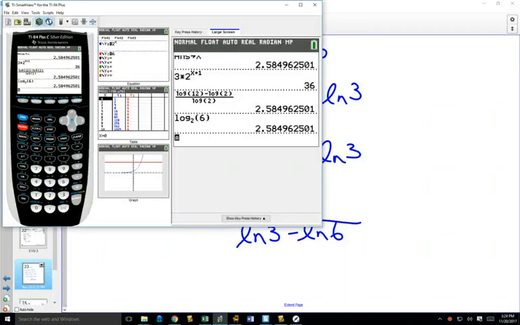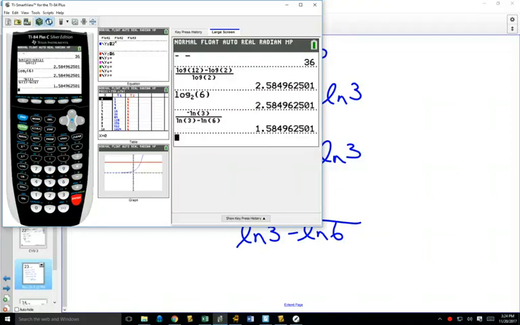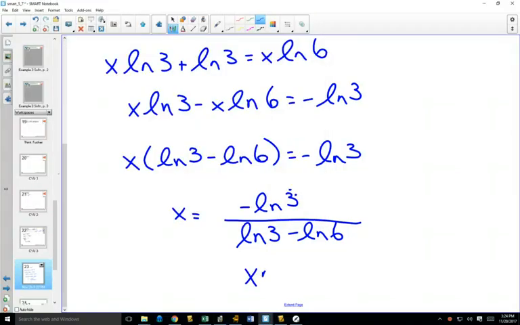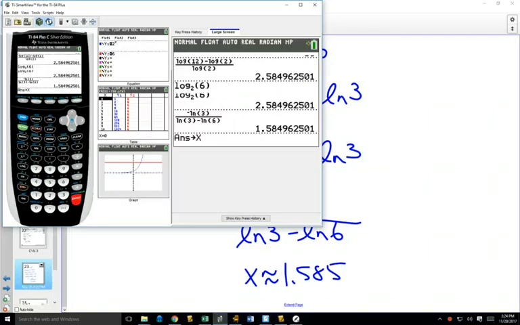And you can type that into your calculator. Negative natural log of 3 divided by natural log of 3 minus natural log of 6. 1.585. And again, we can store that as x.